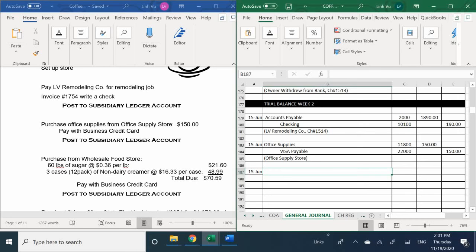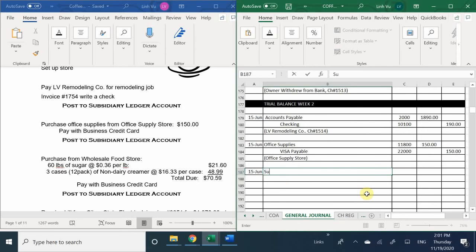Sugar and creamer. So the first one is going to be sugar.